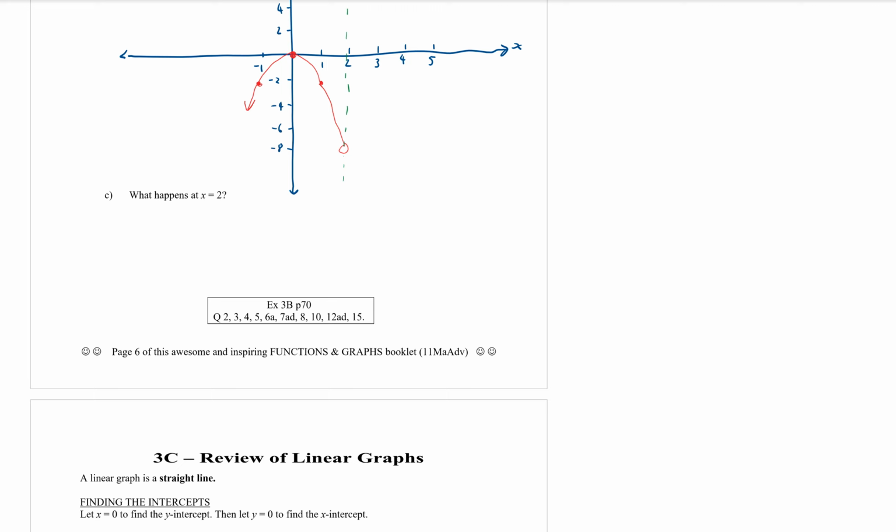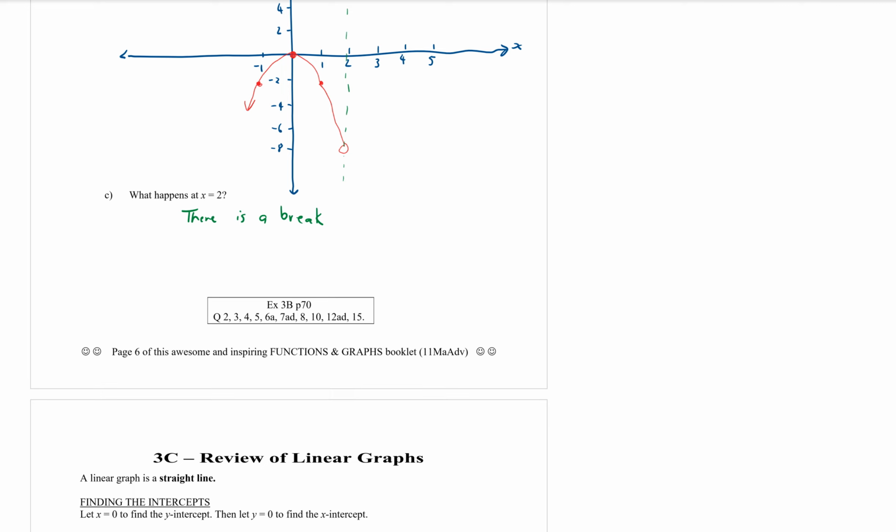So the last thing we have to do is it says what happens at x equals 2, that point there, that very special point. We identify that there is a break there. Okay, so there is a break in the graph at this point. Okay, what does that mean?